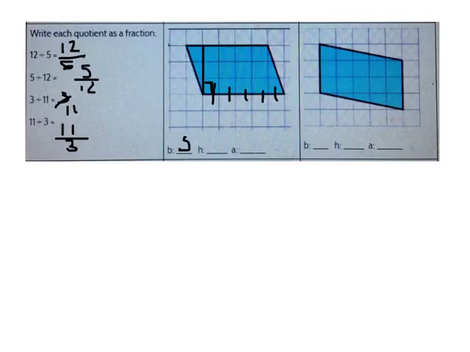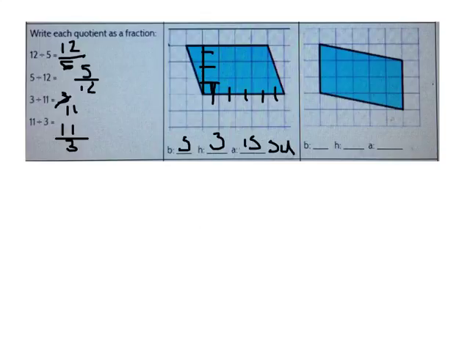Now I can count how tall that parallelogram is. 1, 2, 3. The height is 3. I don't divide by 2 when I find the area of parallelograms. So the answer is just 5 times 3. What's 5 times 3? 5 times 3 would give me 15 square units.